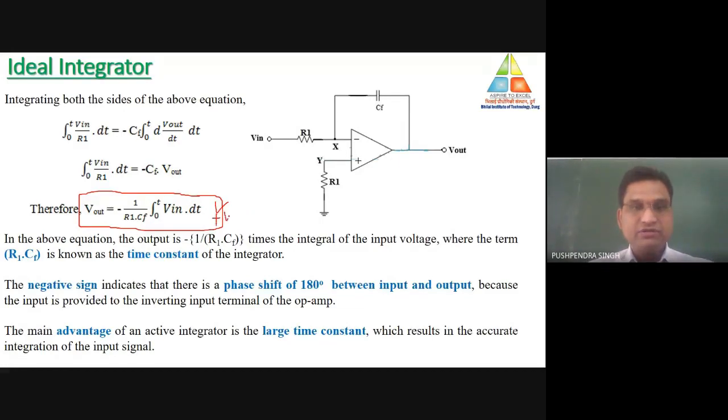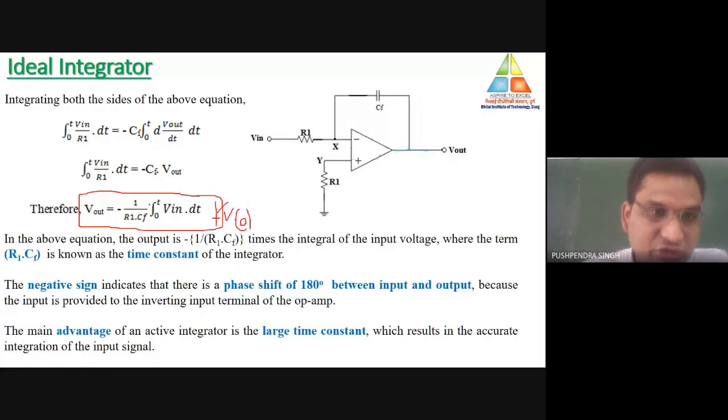Here you can also include V0 as the integration constant, but in general, at the initial condition, the value of V0 will be equal to 0. So Vo is equal to minus 1 by R1Cf integration from 0 to t of Vin dt. That is the final value of the output of the ideal integrator circuit.